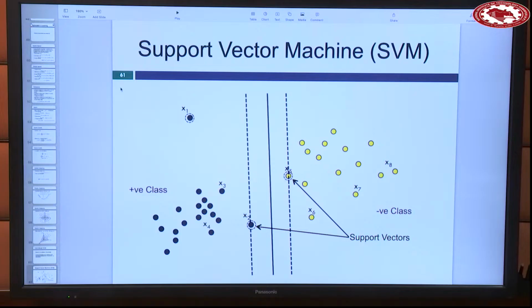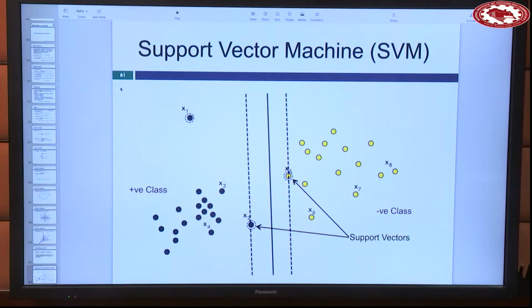You need the slope and a data point through which it is passing, and your job is done in 2D. The same is true for higher dimensions. These marginal dashed lines are the marginal hyperplanes. They basically decide the distance or margin between two classes. So our aim is to maximize this distance.